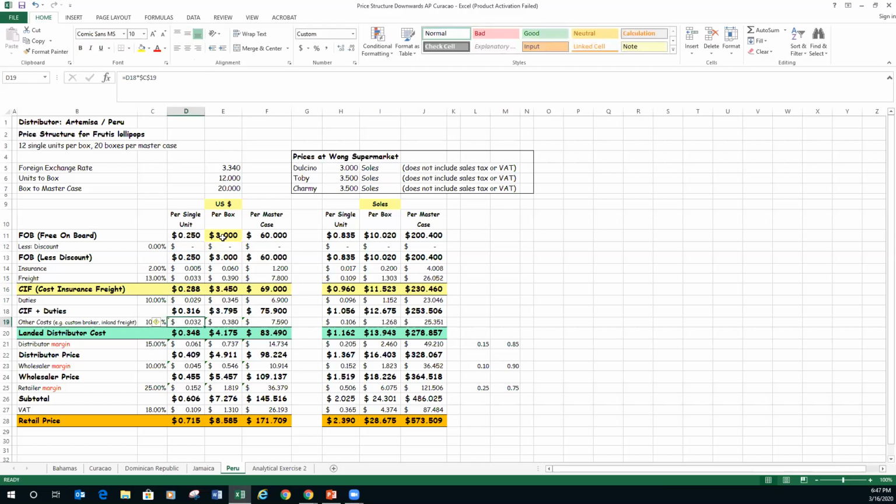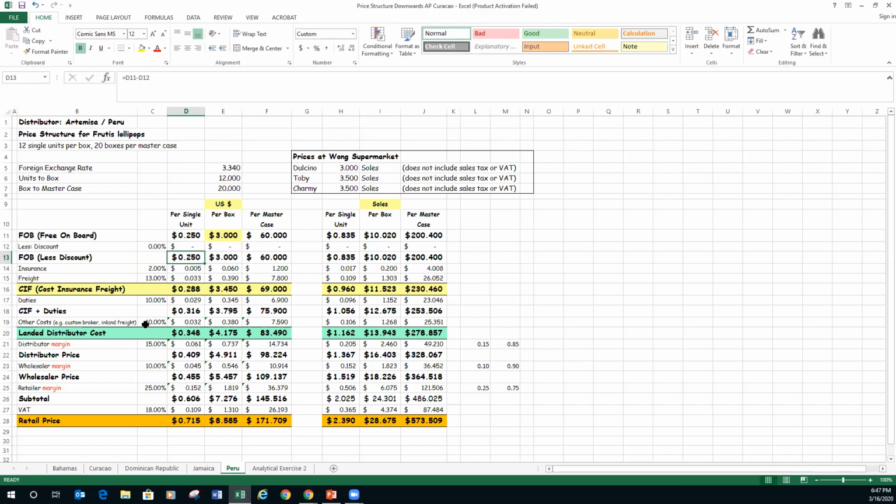So what is important right now is that we first start with an FOB, free on board. And then we checked if we wanted to give a discount to our distributor, which in this case we didn't. Then we added the insurance and the freight, and that gave us the CIF price, the cost, insurance, and freight price. And then because we may pay duties, we have the CIF plus duties price.